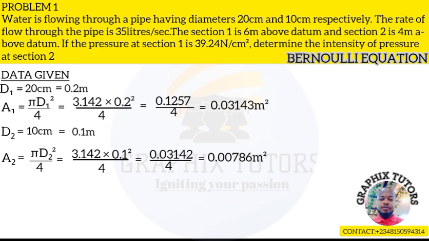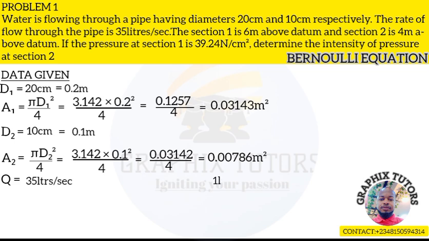Now we'll read further. It says the rate of flow through the pipe is 35 liters per second. So that is the discharge. We use the symbol Q to represent our discharge. So the discharge is 35 liter per second. Now I want to convert liter to an SI unit, that is the standard unit system, which will be meter cube. To convert from liter to meter cube, we multiply by 10 raised to power minus 3 meter cube.